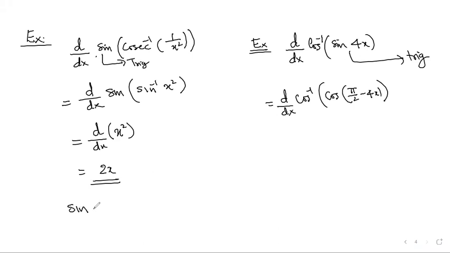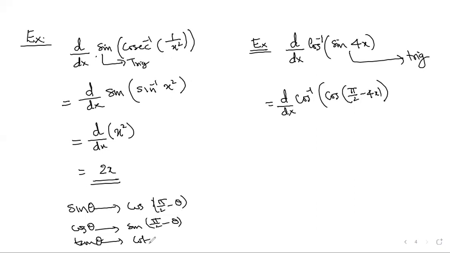Whenever I want to change sine to cos, cos to sine, tan to cot, I have to put pi by 2 minus in front of the original angle. Pi by 2 minus theta. Did you understand this? If you change the angle to 90 minus theta, sine can be changed to cos, cos can be changed to sine, tan can be changed to cot.